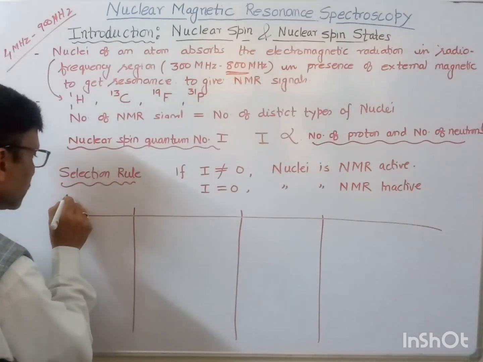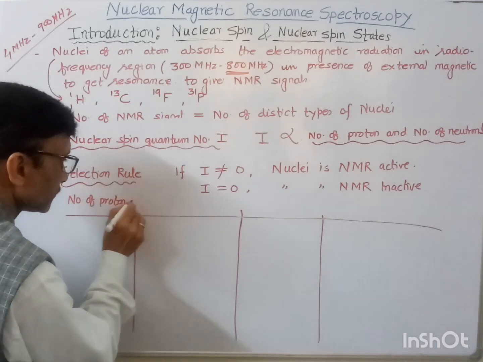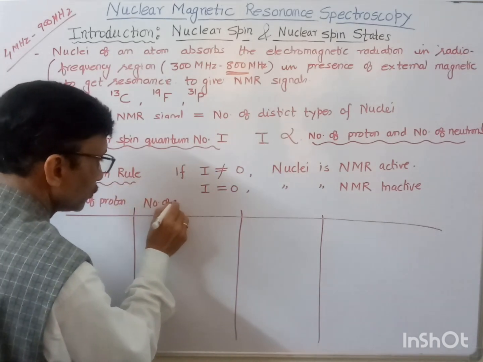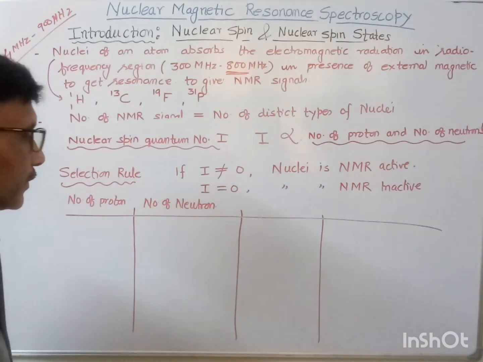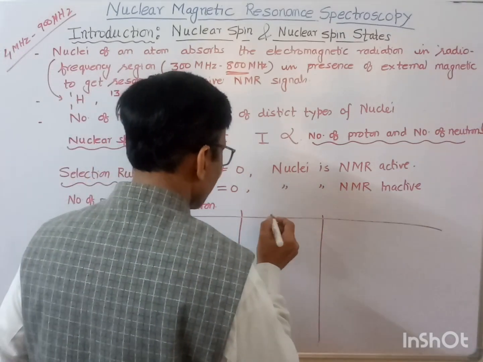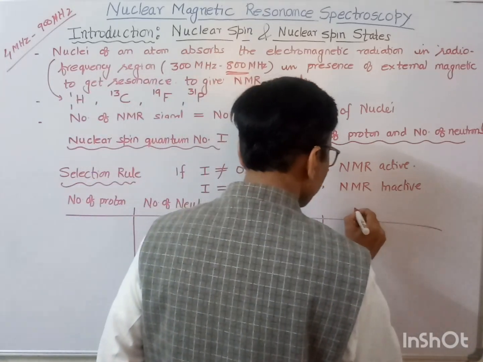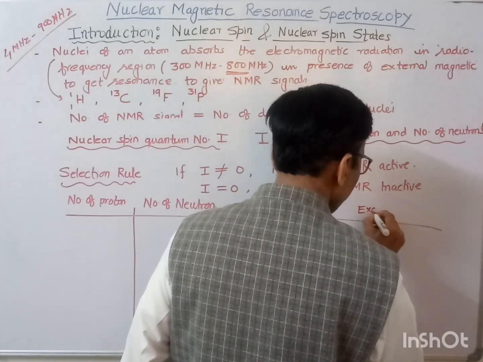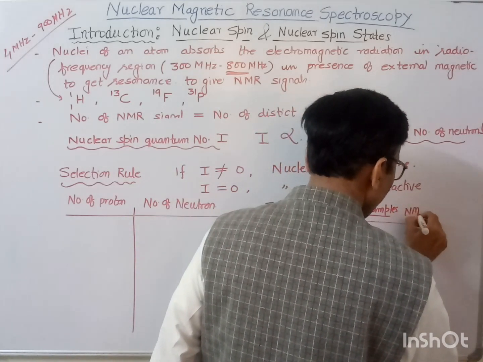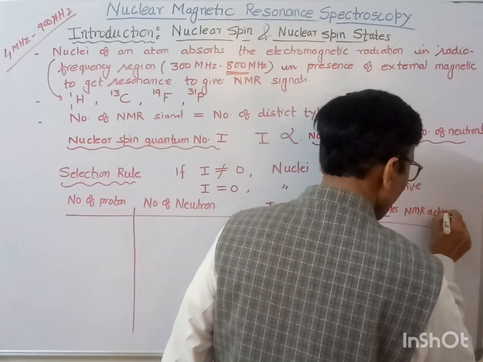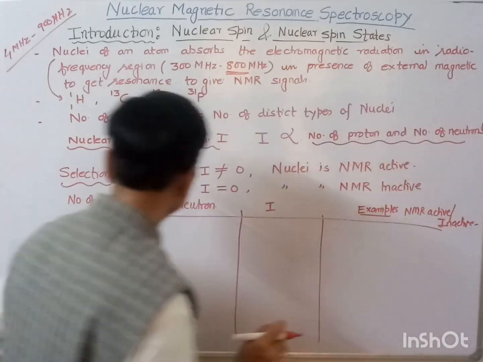Suppose this is for the number of protons, this is for the number of neutrons, and here we have the value I. Now let us see some examples which are either NMR active or inactive.